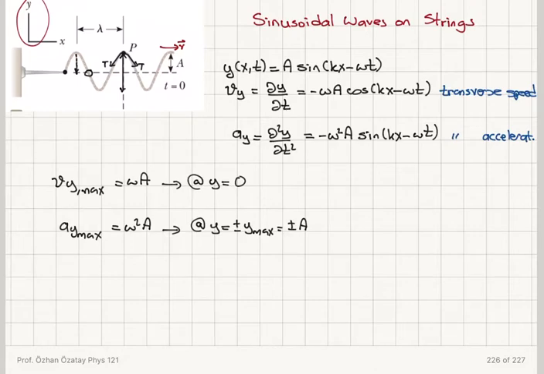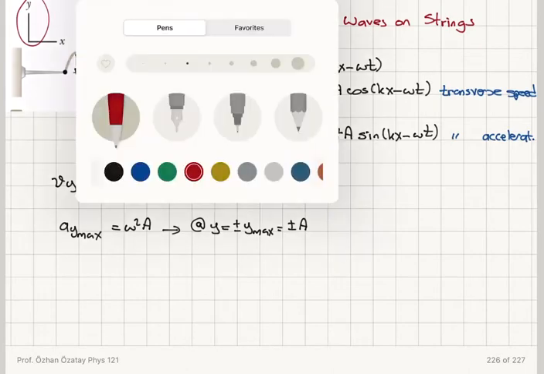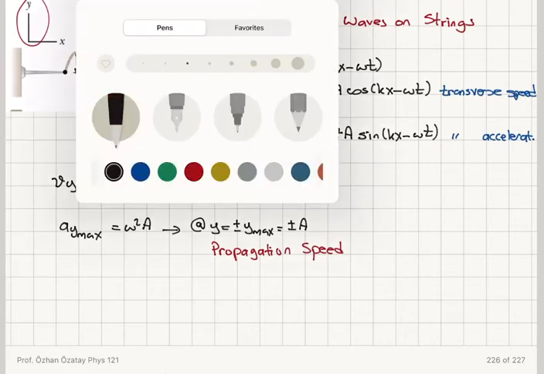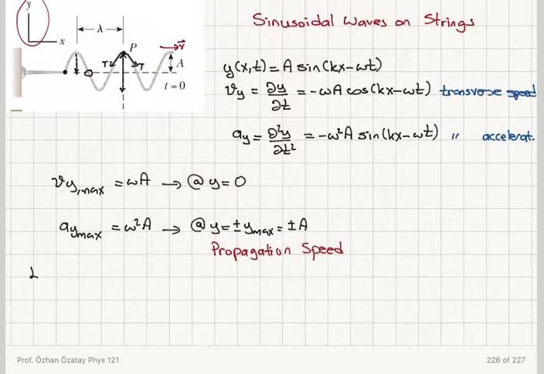Now, in order to discuss the propagation speed of the waves, I'm going to make some arguments based on Newton's second law. So Newton's second law gives me a set of expectations for the propagation speed of the wave. What is Newton's second law? Net force is equal to mass times acceleration.